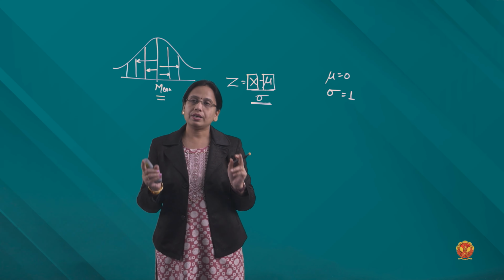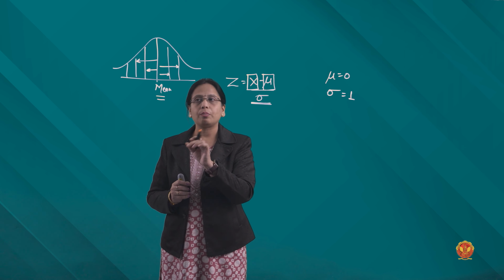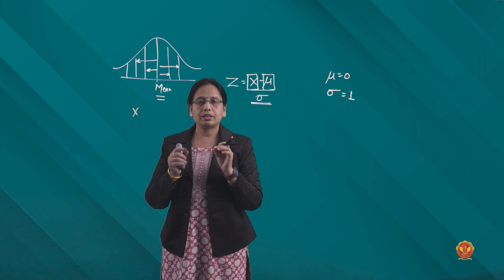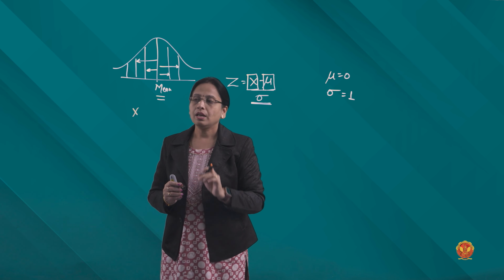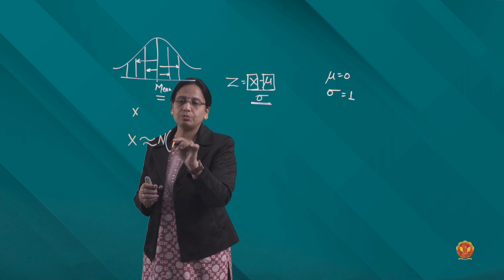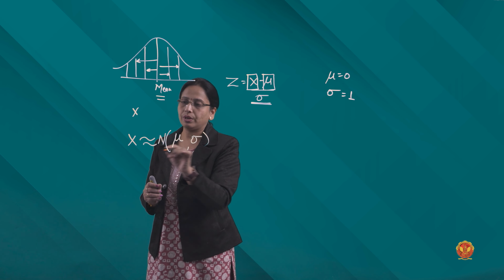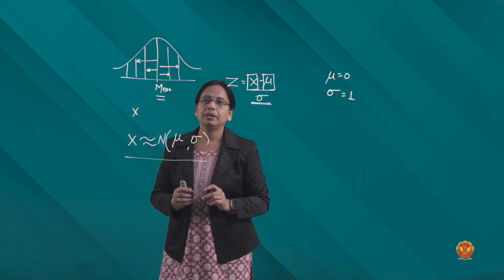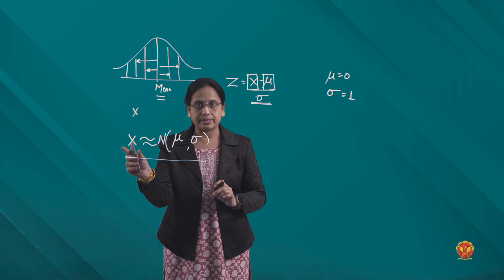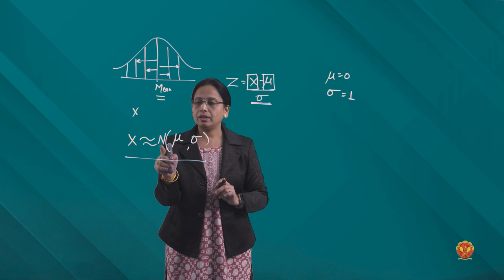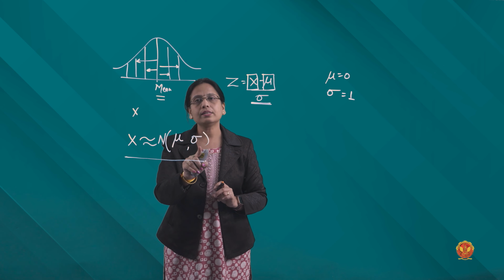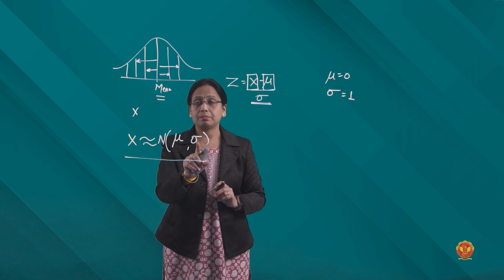So if I say about z-score, if x is normally distributed, look, if I say this is my x, if it is a normally distributed random variable, then definitely x will have the normal distribution with the mean mu and standard deviation sigma. This is how it is written. What does this mean? If x is a normally distributed random variable, it is given by the normal distribution of average value mu and standard deviation sigma.